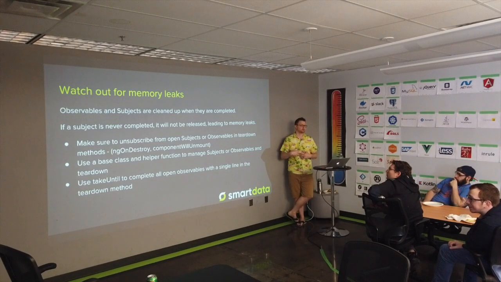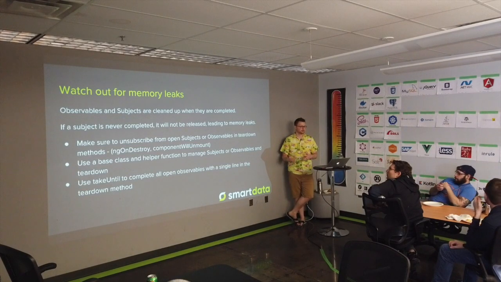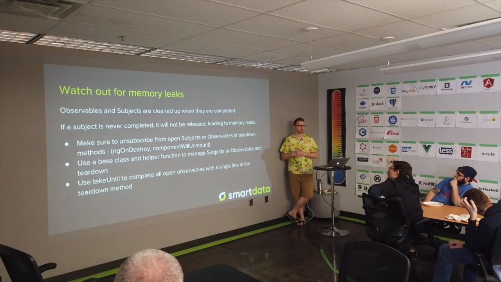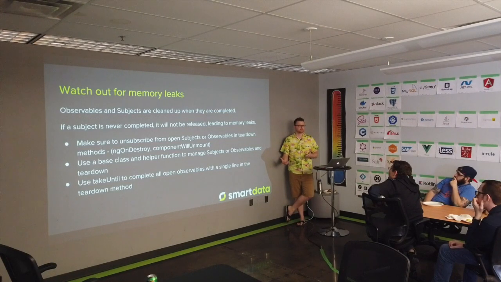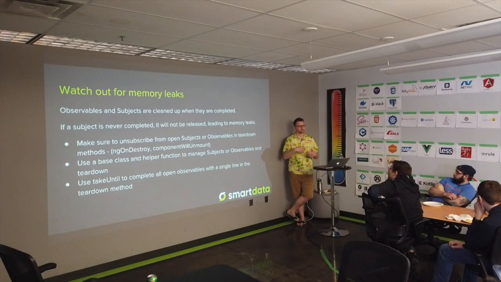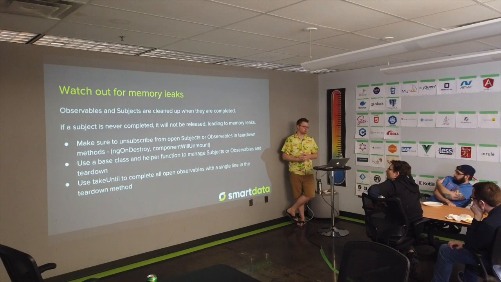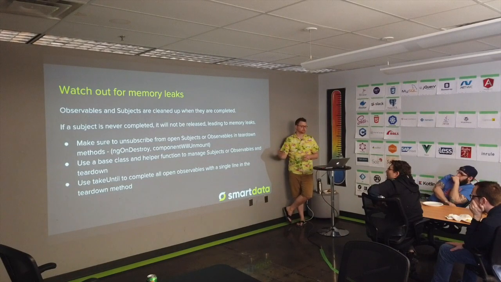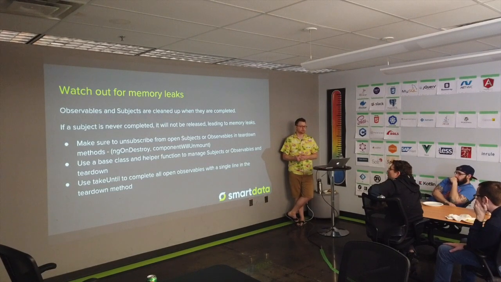If you want to go a step further, you can create a base class for your components with some helper methods. In our project we have a base helper method that you pass all the subscriptions you want garbage collected, and then on destroy the base class goes through that list and unsubscribes from all of them. Or, another way is takeUntil, which completes the open observables by firing off an event when ending your teardown method.